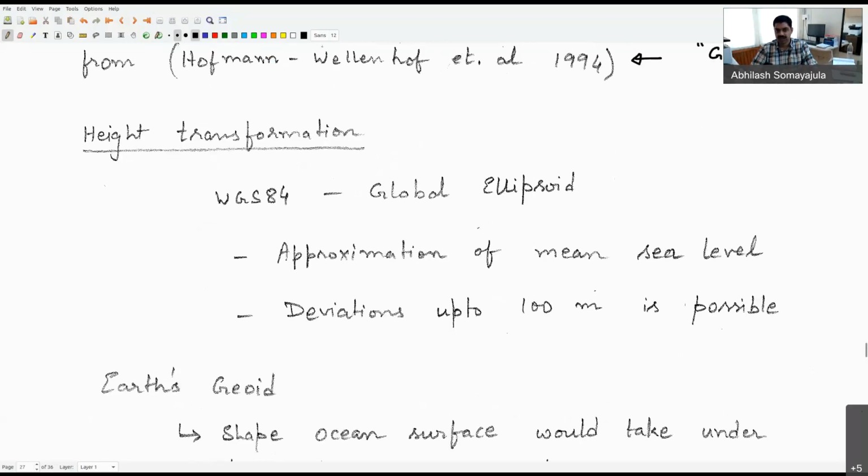Okay, the height which we do get, I do want to talk about that today. So this height we are computing with respect to the global ellipsoid of the Earth, which we are terming WGS 84. Notice that it's only an approximation of the mean sea level, but in reality the mean sea level may deviate by more than 100 meters from what is computed using the reference ellipsoid.